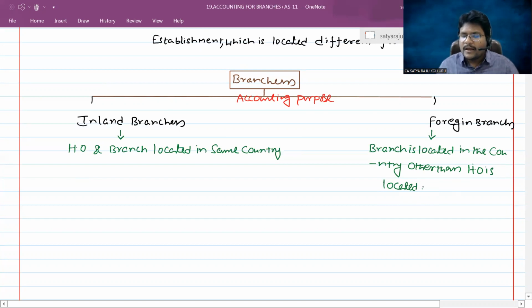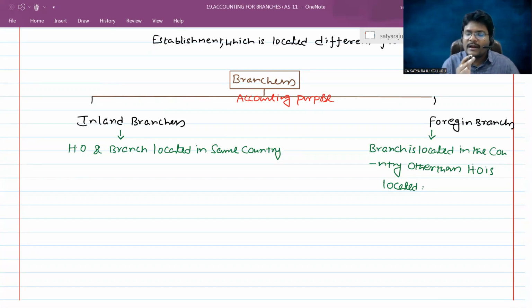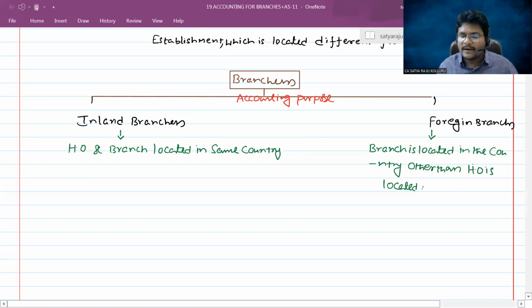That means if the head office is located in India, then the branch is located in the US. If the head office is located in the UK, then the branch is located in India. Then such branches we call foreign branches. Simply, the head office is located in one country and the branch is located in another country.